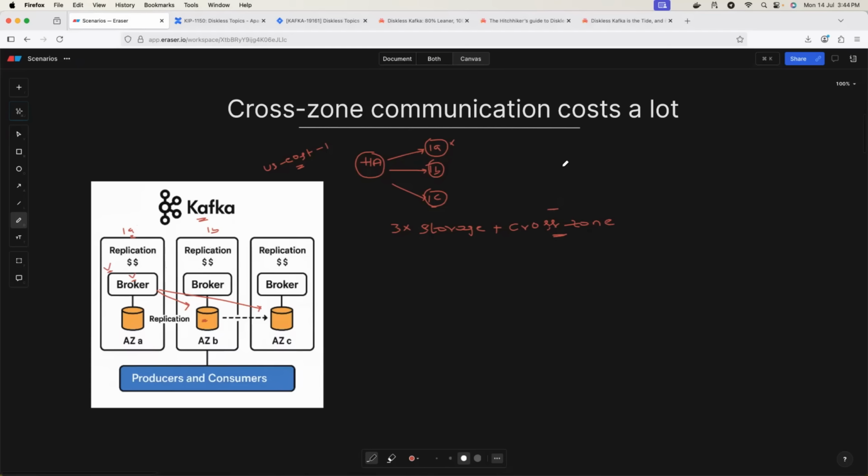This is on cloud providers like AWS, GCP, and many others. So overall, from both the previous scenario and this one, when you're dealing with an Apache Kafka cluster in the existing architecture on cloud providers, you will be charged for 3 times storage cost and also cross-zone networking costs.